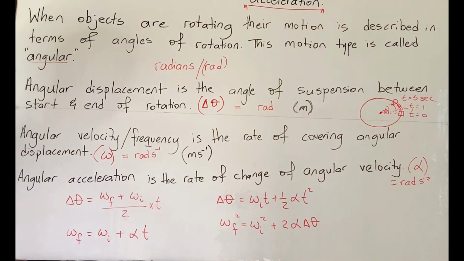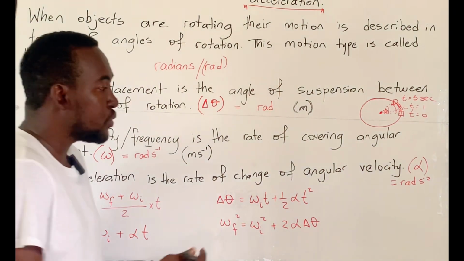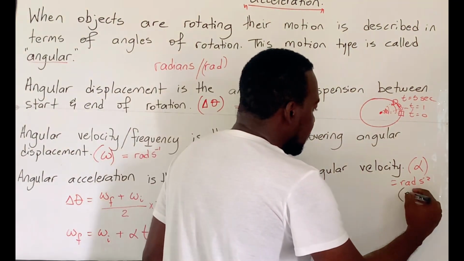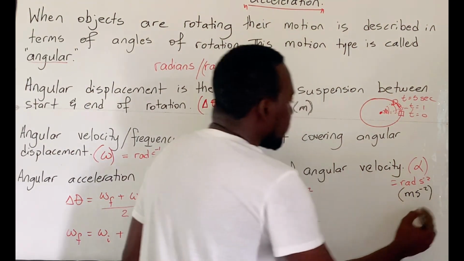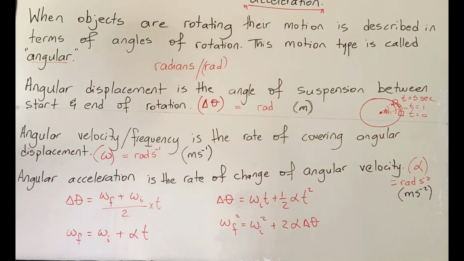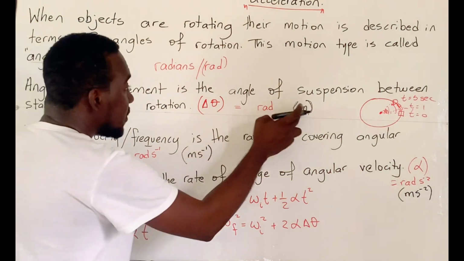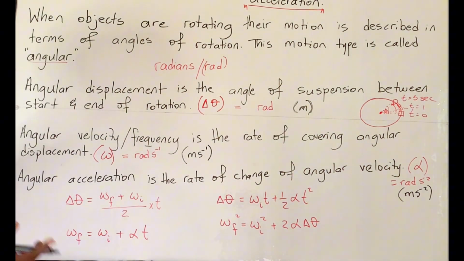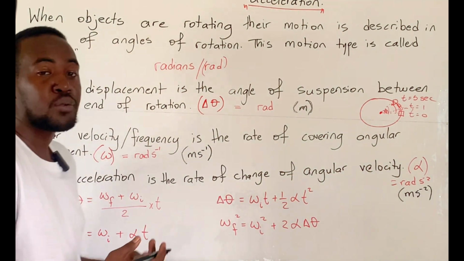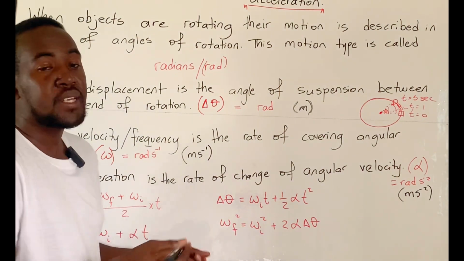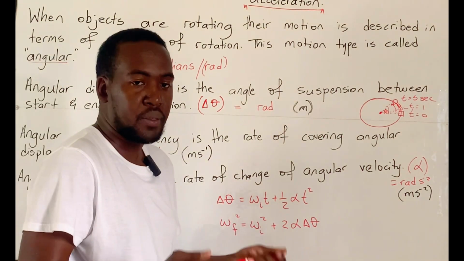And finally, if we talk about acceleration in linear motion, the unit would be meters per second squared. So we see there is a similarity. The only difference is that we change the meters aspect to radians, which is the unit that represents angular displacement or angular movement.